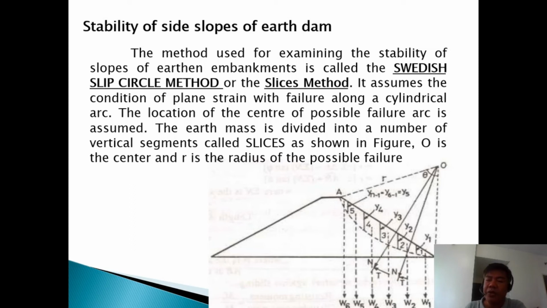But if you do it manually, as in our college days, it's very hard. Why? Because you're going to compute the area of the slice, and this is a curve. It is not a square, it is not a rectangle, so you have to do the calculation of the curve.